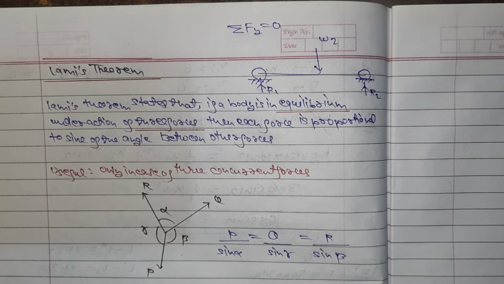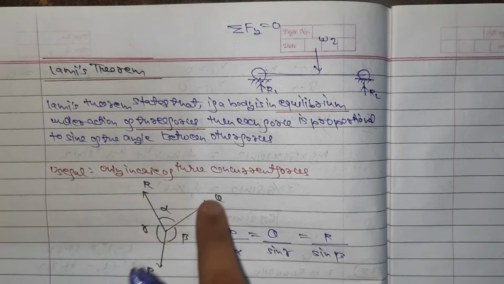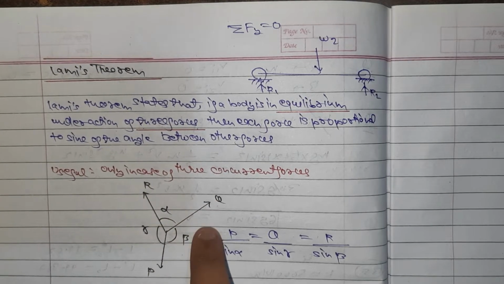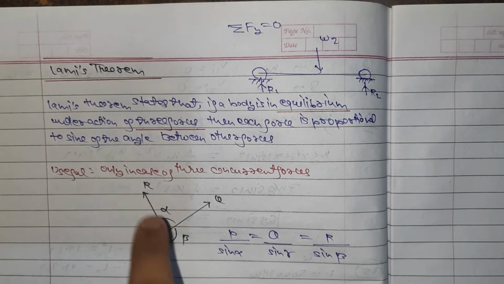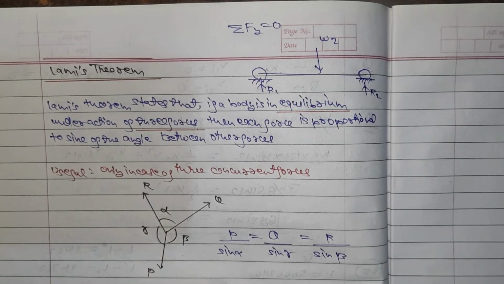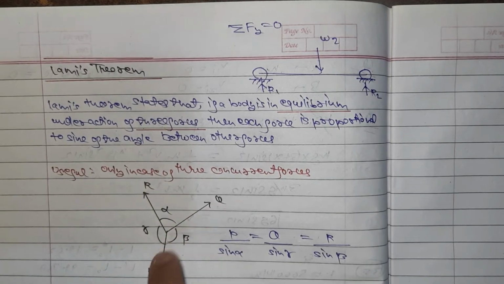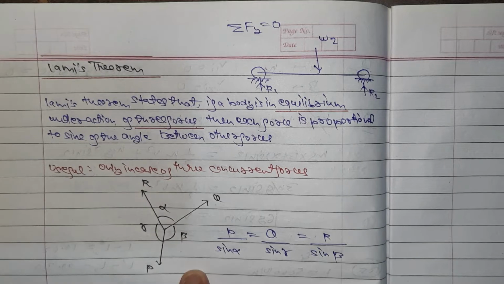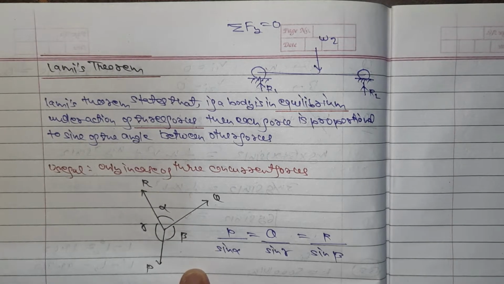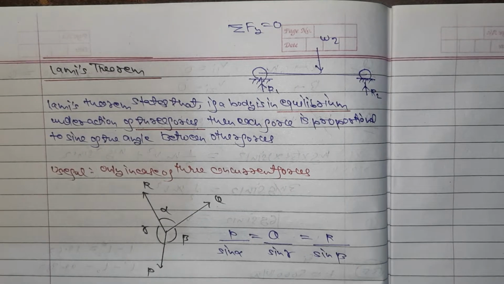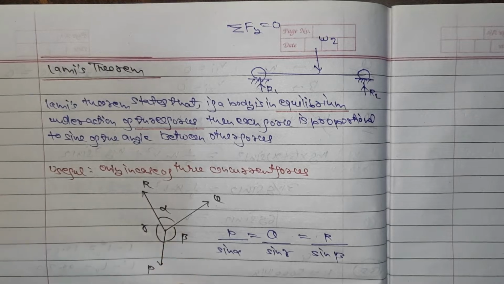And one more thing you need to take care of is the direction of all three forces. They should be oriented in the same direction. If three forces are going outward, all three should be in the outward direction, and if one force is coming inside, then make sure the other two forces are also coming in the inward direction, right?